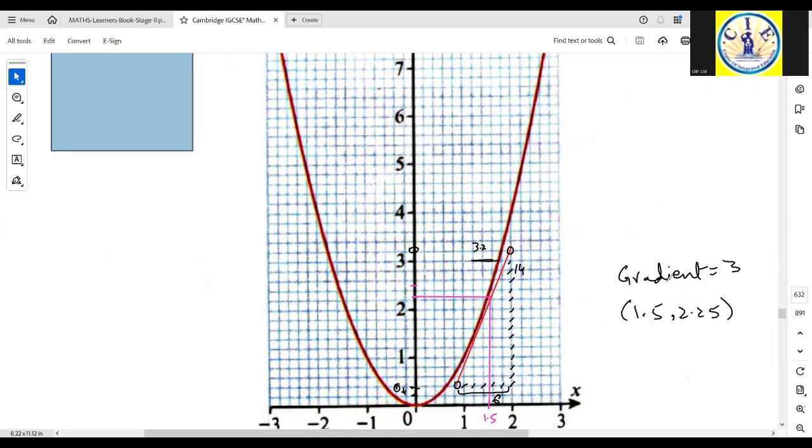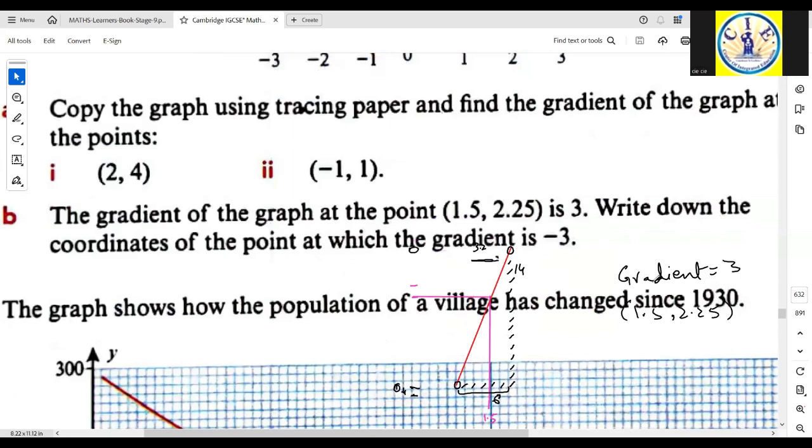Now the question states that we need to find out the coordinates of the point at which the gradient is negative 3.